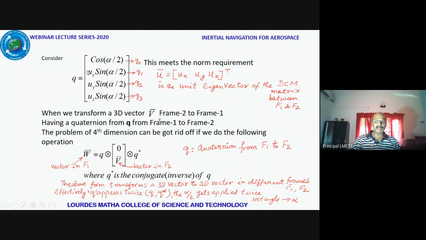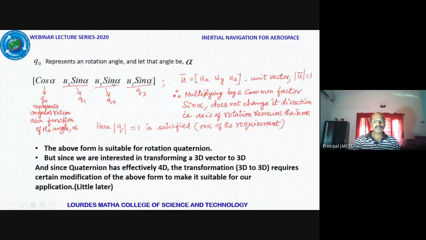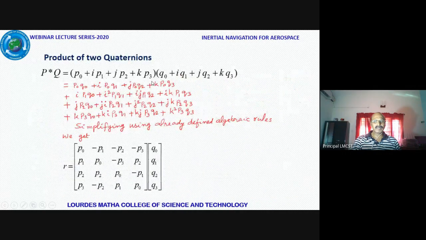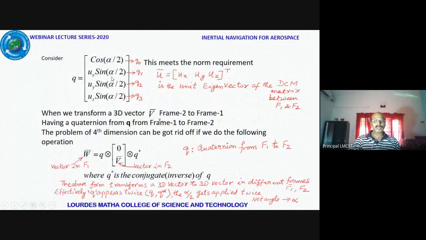That is the axis of rotation. These 3 give the axis of rotation, which is not changed because the common factor is still the same. And with cos alpha by 2, the total magnitude is still unity. So this is also okay for me. And let's check that 3D to 3D vector transformation, whether this is okay or the previous one is okay. Previous one means this. The new proposal is this. Which one is it?